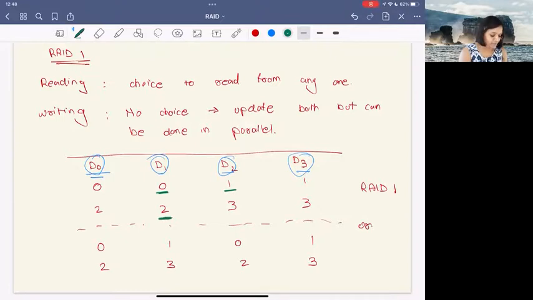Because we are not able to use the parallelism, but rather both the reads of 0 and 2 would happen from the same disk. And again, the same issue if the copy we choose to read 3 from is this, then we would have the same problem.